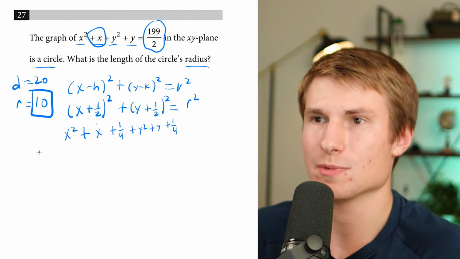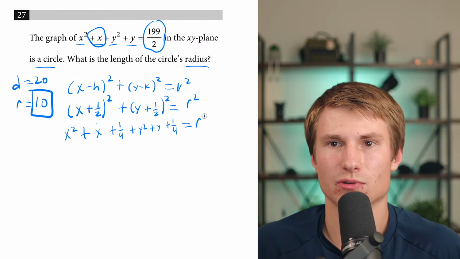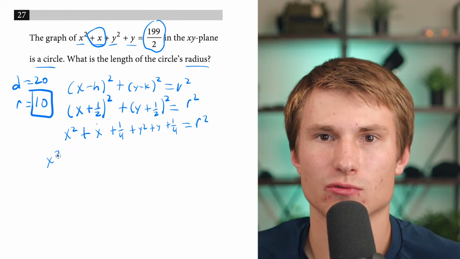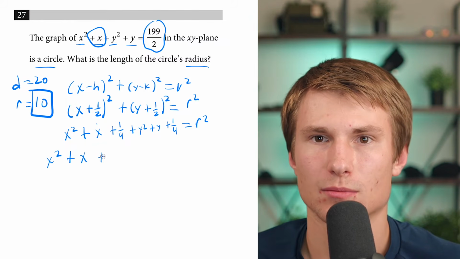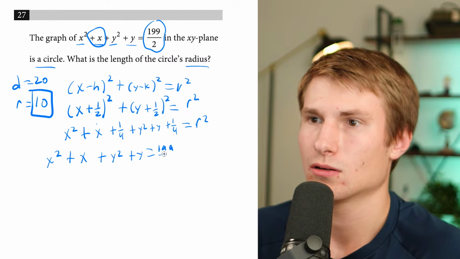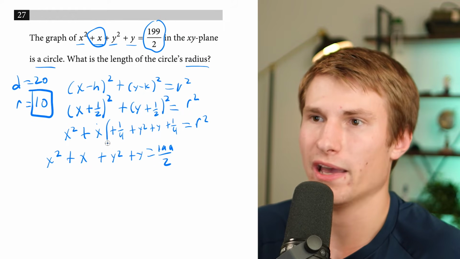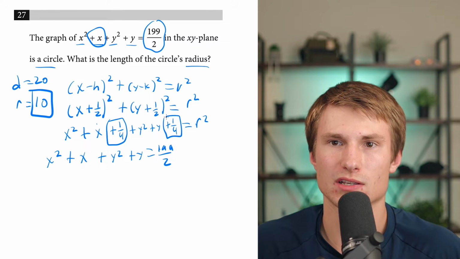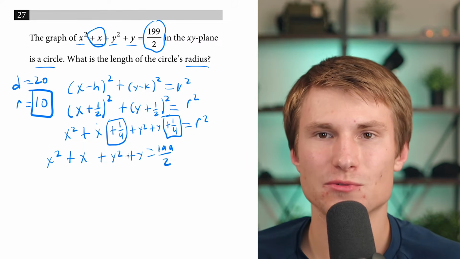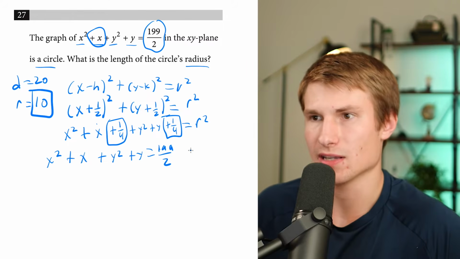And the reason why is because keep in mind, this is equal to our radius squared, right? Well, when we have x squared plus x plus y squared plus y is equal to 199 over 2, you can see that we've taken away this 1/4 and this 1/4. Okay, and since we've taken it away, we need to add it to this right side.